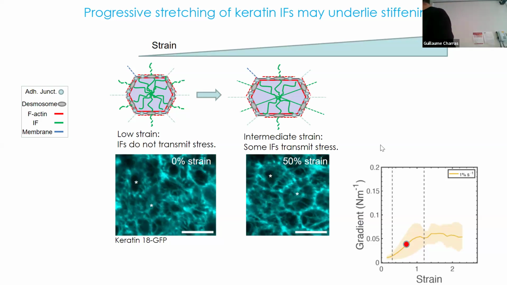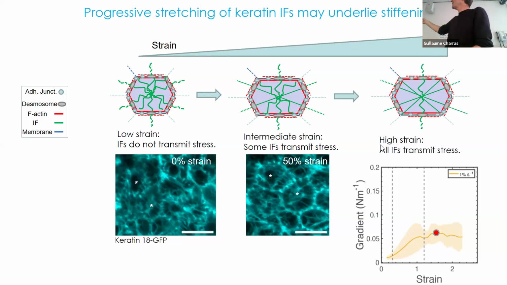So in these cells, you start seeing some filaments that are fairly straight, and they might then contribute to bearing some load. So your stiffness now is intermediate, and at the largest strains, you've ironed out fluctuations in all of the possible keratins that might participate. In that case, you reach a plateau in your stiffness. So this is a type of strain stiffening, similar to what you would see in fibrous material.